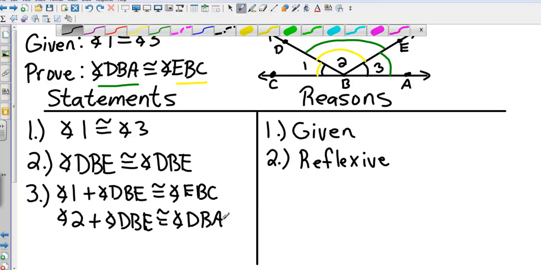Okay, now what's my reason? I just added equal things together and it gives me equal results. The reason, pardon me, the reason is angle addition.